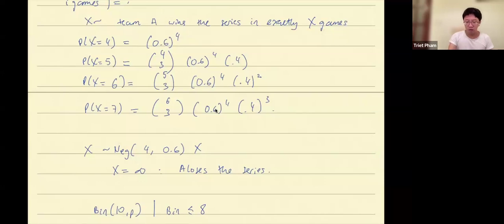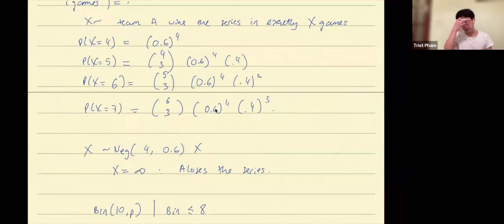In the sense that it's not the negative binomial conditioning on a negative binomial less than or equal to 7.